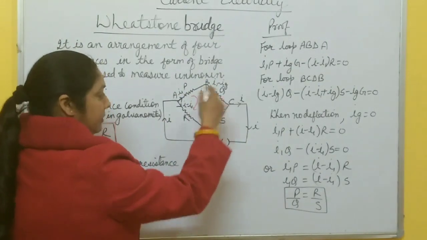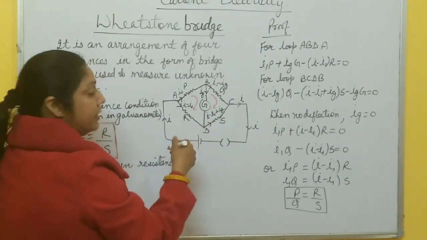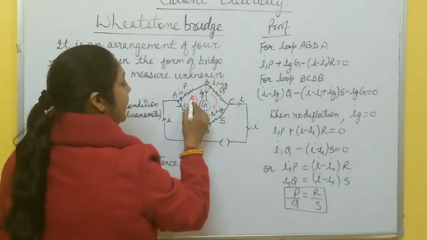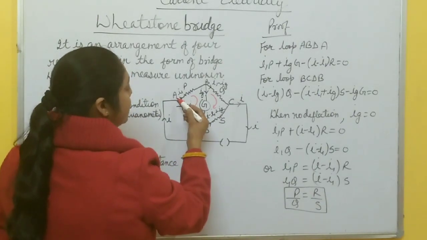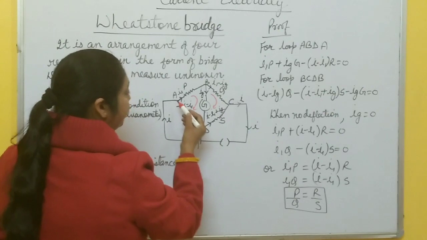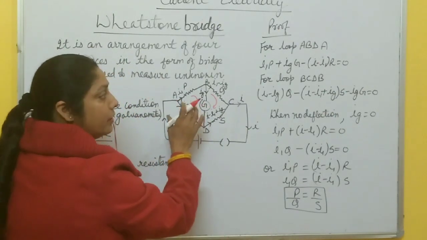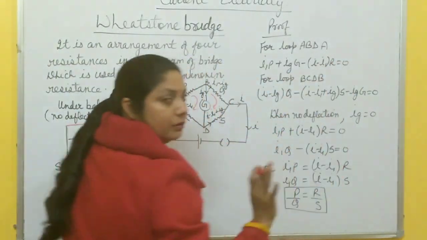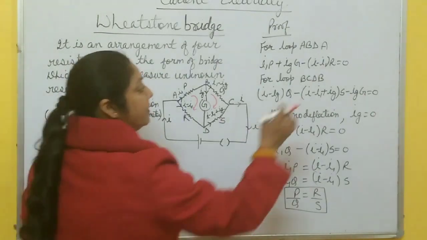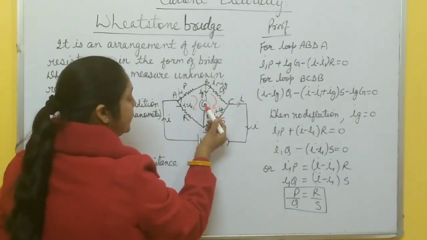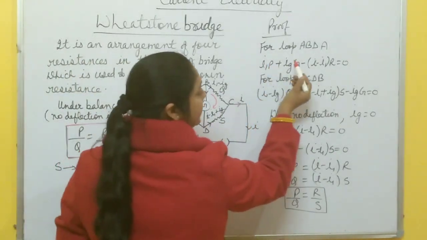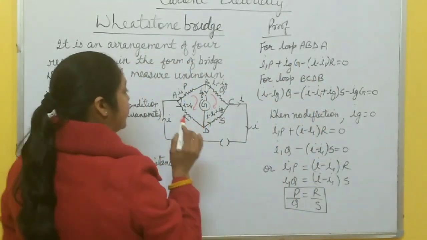So after drawing the currents in different branches, you assume any one direction. Here I have chosen the anti-clockwise direction. So for this loop, A, B, D, A, is there any cell? No. So on one side, no cell, no EMF, I have taken 0. But how many resistors are there? P, G and R. You write P, G and R. There are 3 resistors.